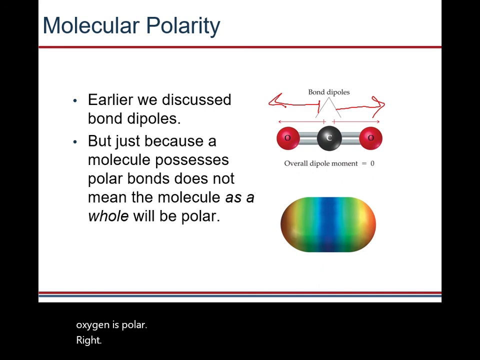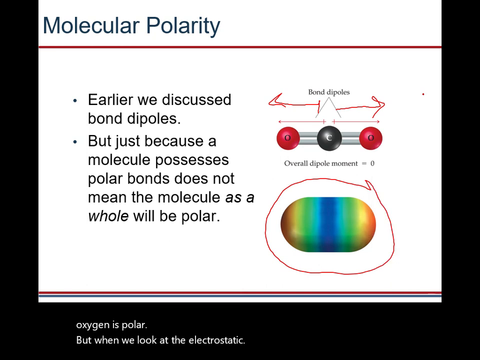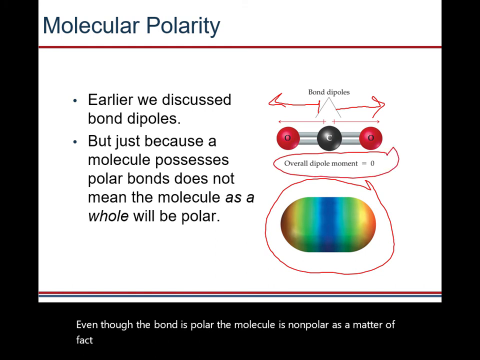But when we look at the electrostatic potential map, we see that CO2 is nonpolar. Even though the bond is polar, the molecule is nonpolar. As a matter of fact, the net dipole for this molecule is 0. So I have polar bonds, but the molecule is nonpolar.